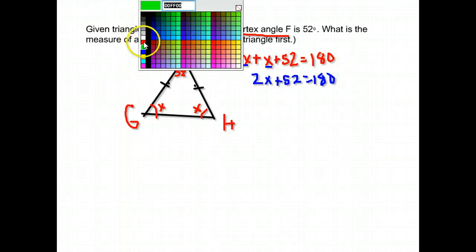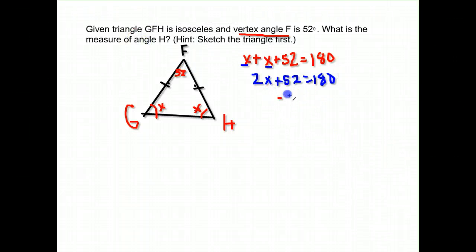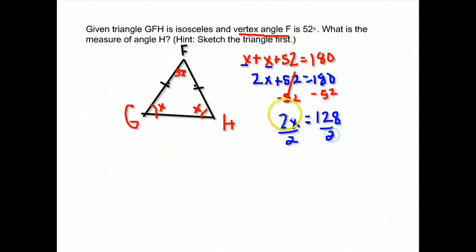I'm going to subtract 52 from both sides, and I get 2x equals 128. My last step would be to divide both sides by 2. That will give me my measure of x, which gives me not only the measure of angle H, but also the measure of angle G. 128 divided by 2 is 64.